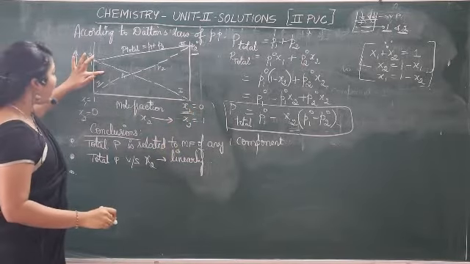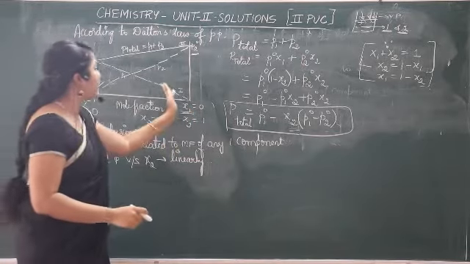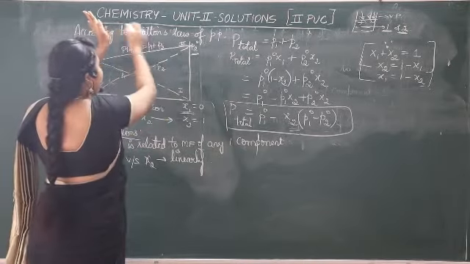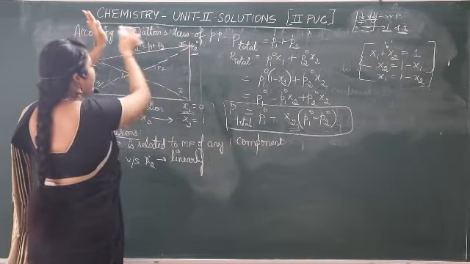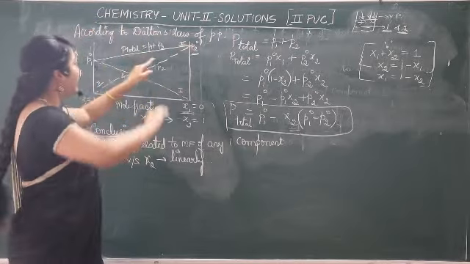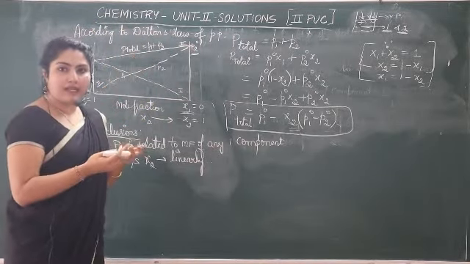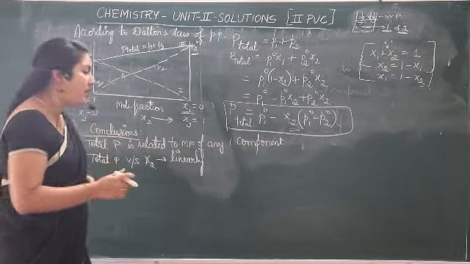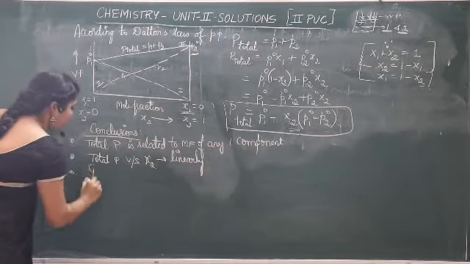If component 1 is more, how will the graph be? This curve will be greater. So from there P total will be connected here. Yes. That means total pressure can increase or decrease depending on component 1. That is one more conclusion drawn.